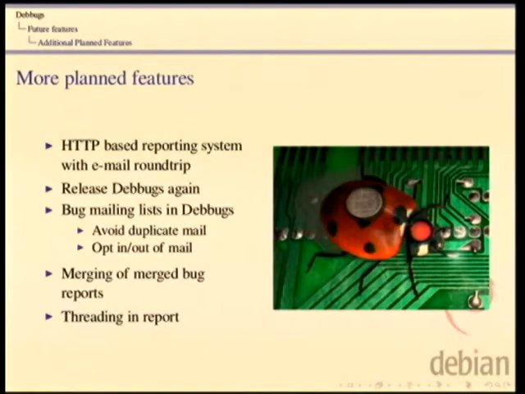Some other things. I would like to implement a web-based reporting system, not completely web-based, but at least with submission of bugs using HTTP to some CGI, with reportbug or something else as the actual interface to that. And that'll get rid of people having to have a working MUA.